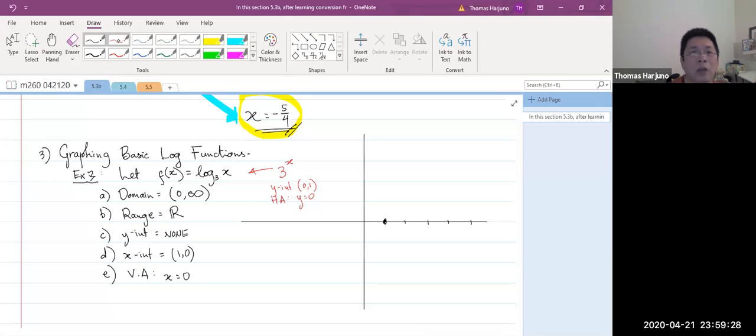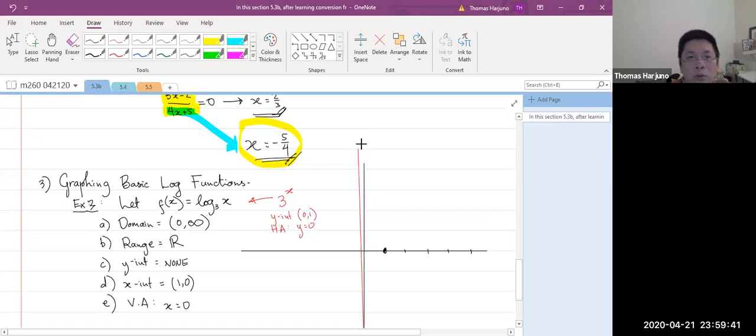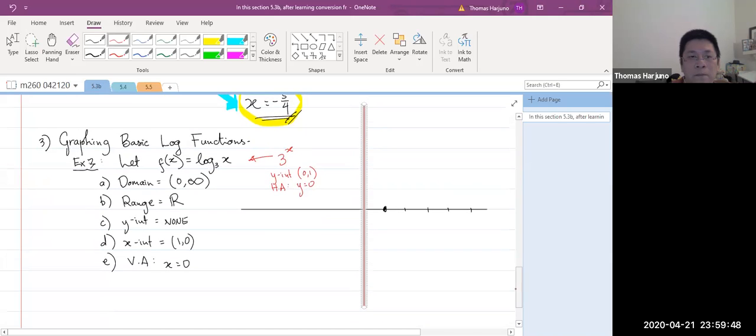And then we have vertical asymptote x equals 0. That's the vertical asymptote. It's exactly the same as the y-axis, so they look coincident. But what else can we plot to help us graph this?